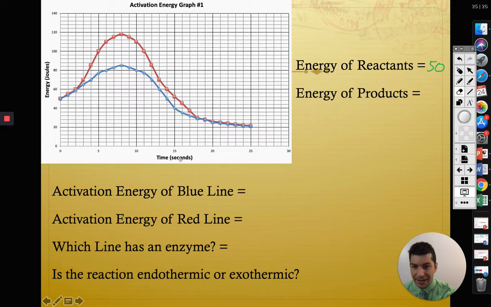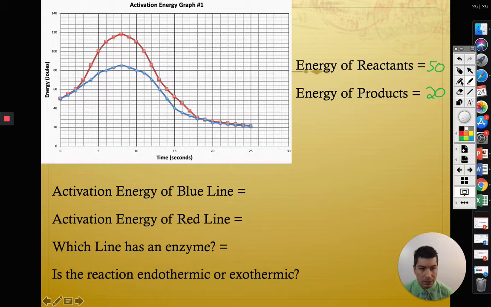Energy is on our y-axis. Time is on our x-axis. So for the energy of our products, here is our point, and if we follow this over, it's about 20. It might be a little over that 20 line, but it's close to 20, so we will call it 20.